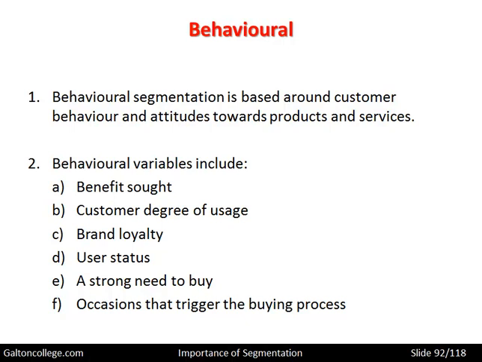Depends on the nature of the product, but it's important to work out what is it that triggers the buying process. What determines the buying process? The customers certainly recognize the need for this product, and they buy it because it satisfies the need. But why did they buy it at that particular time? And what is it that triggers the precise purchase?